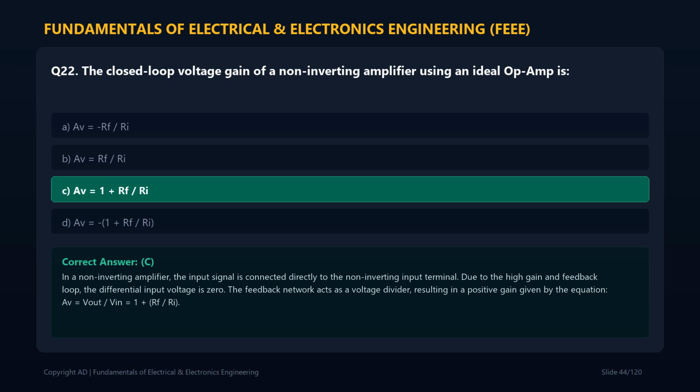The correct answer is C, AV equals 1 plus RF over RI. For a non-inverting amplifier, the input voltage is applied to the positive terminal, and negative feedback sets the voltage gain to 1 plus the ratio of feedback to input resistance.